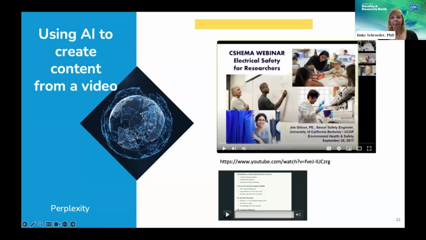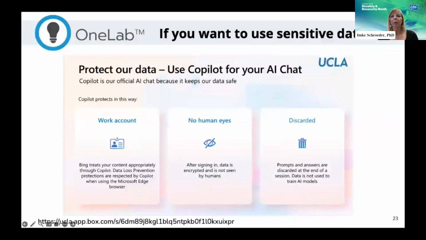All right, I now want to give you an example for using AI for sensitive data. UCLA now has a subscription service to Copilot by Microsoft, which we can access by logging into the university site. So it's behind a firewall.